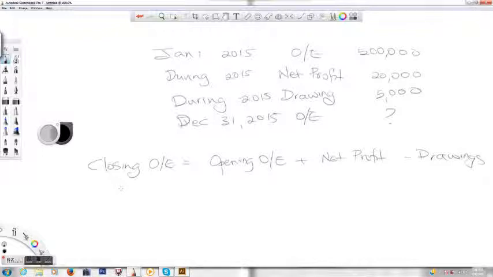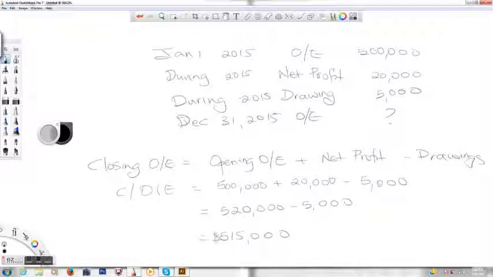Closing owner's equity is going to be opening, which is 500,000, plus net profit of 20,000 minus drawings of 5,000. So that gives me 520,000 minus 5,000 to give me 515,000.